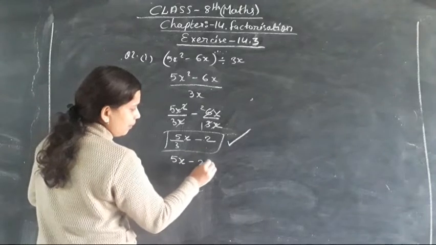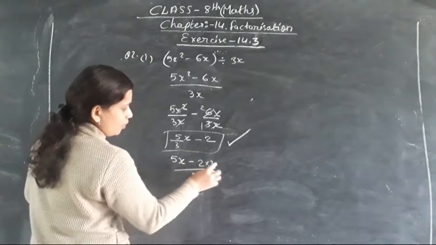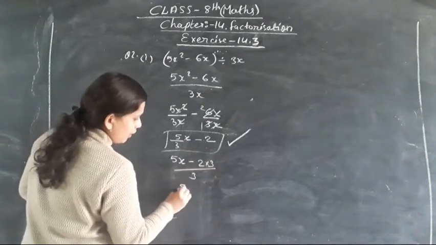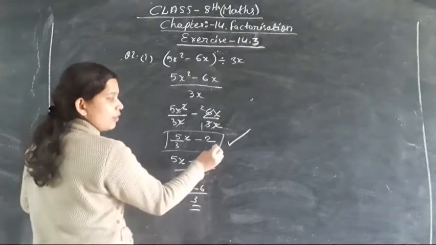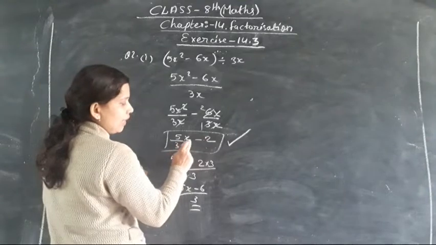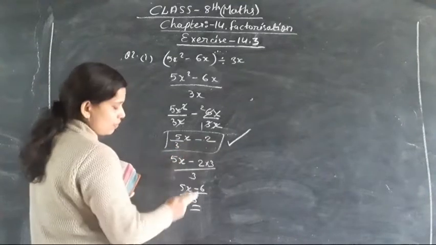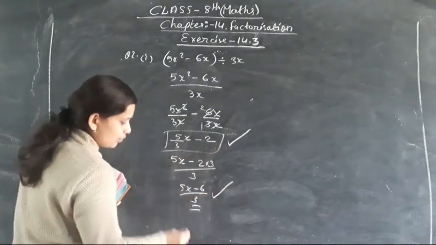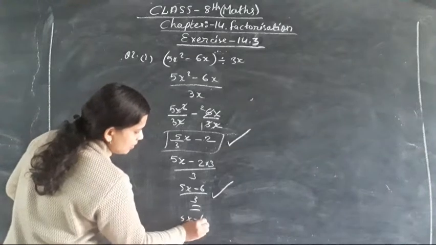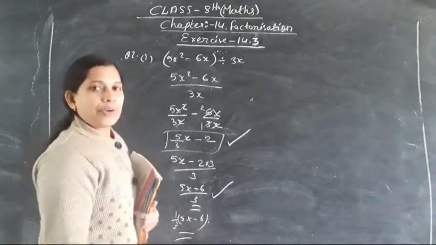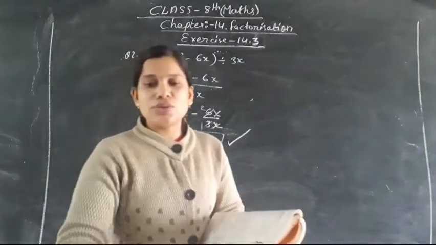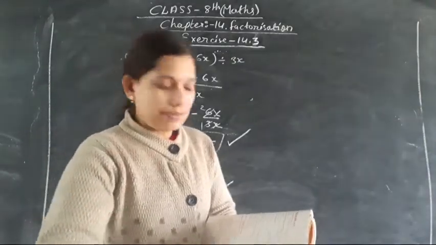So 5x minus 6 upon 3 is the required answer. So if you are stopping your answer at 5 upon 3x minus 2, that is also correct. If you are stopping your answer like this, 1 by 3, that is also correct. So all 3 forms of this answer will be correct.